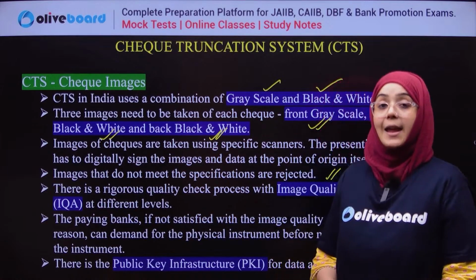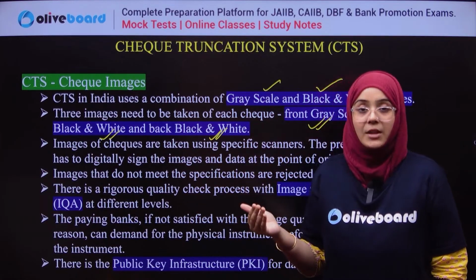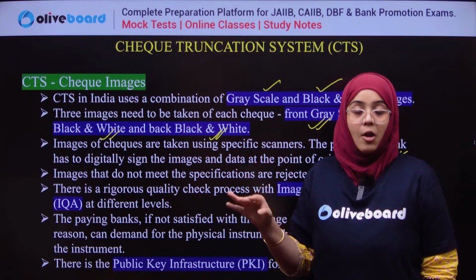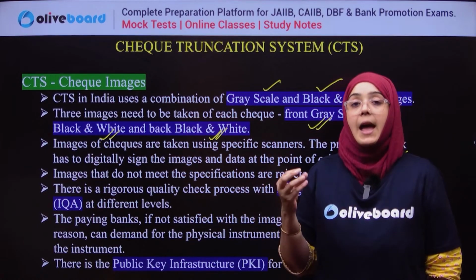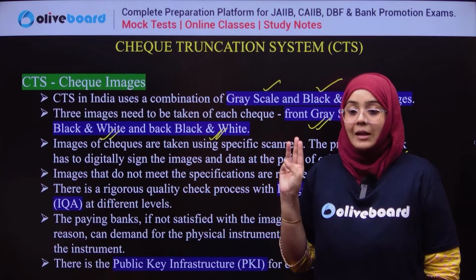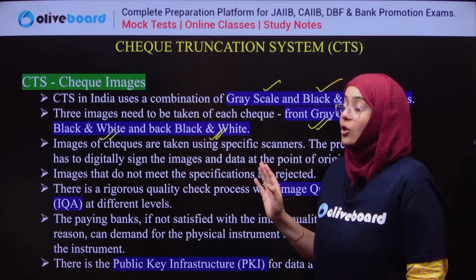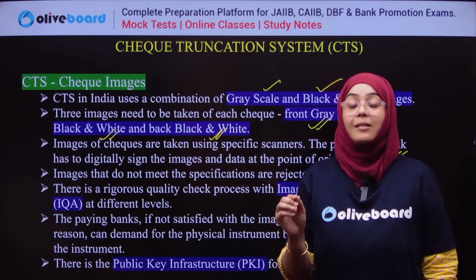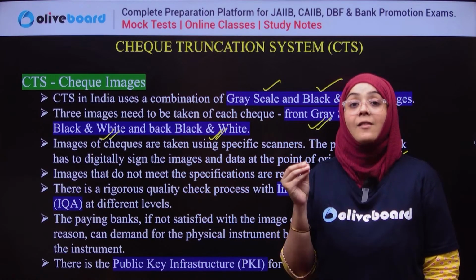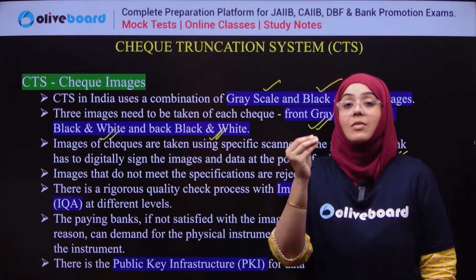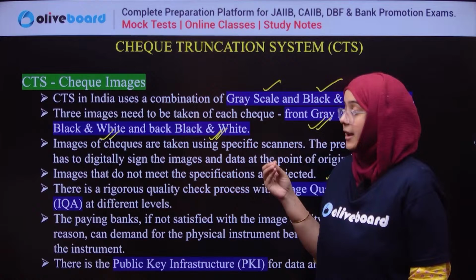Okay, so the check image. First of all, it is taken in grayscale and black and white. Three images are taken: front black and white, back black and white, and the front grayscale. The image of the check is taken using a very specific scanner that is present in each of the presenting banks.